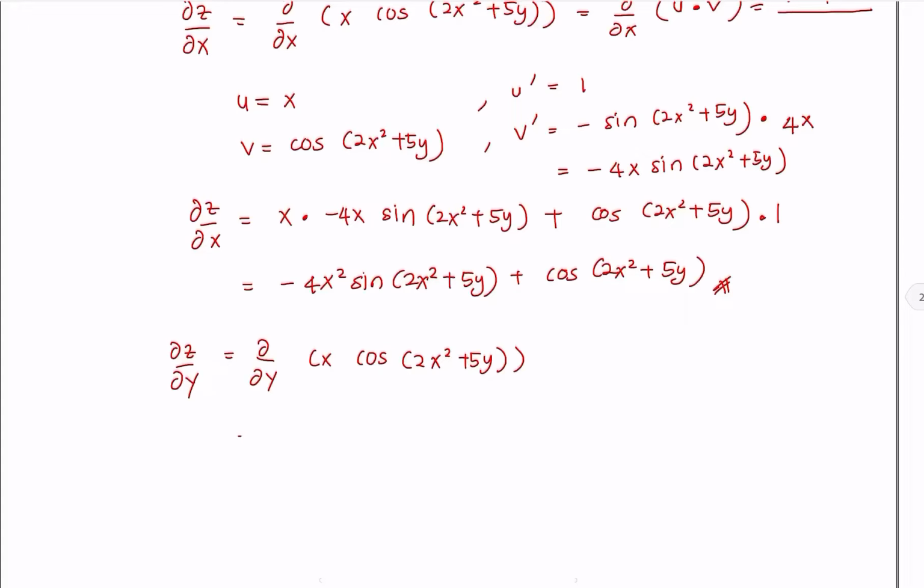We will use the chain rule as well. x remains constant, so we have cos, and 2x² is constant, so we just need to differentiate 5y, meaning that we obtain 5 only. Therefore 5x cos(2x² + 5y). Alright, so this is the answer.